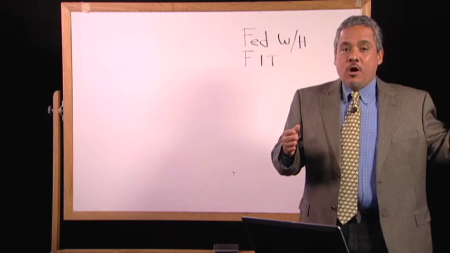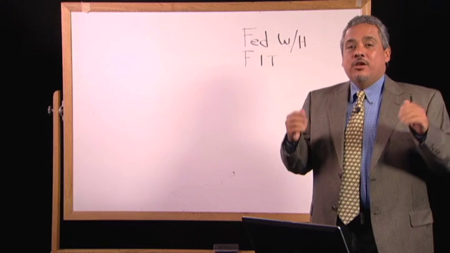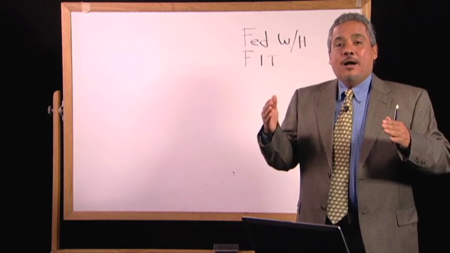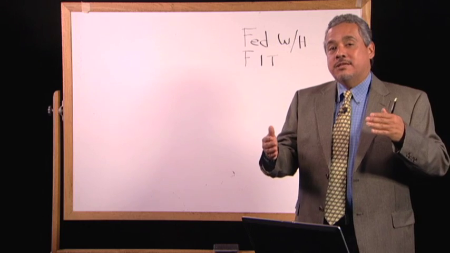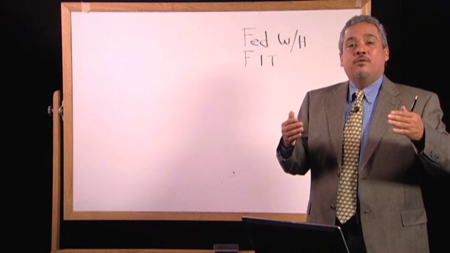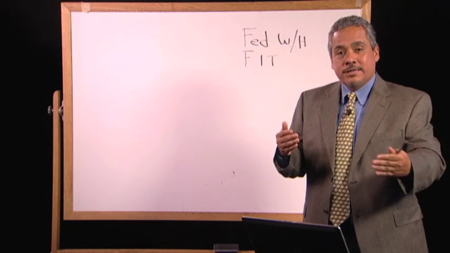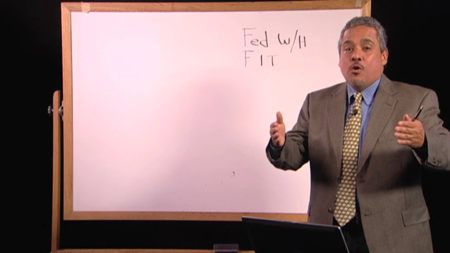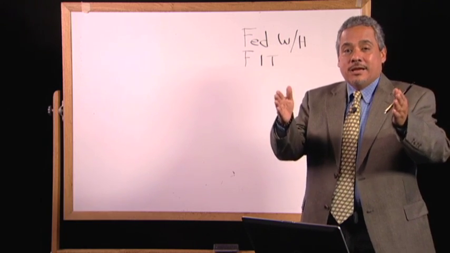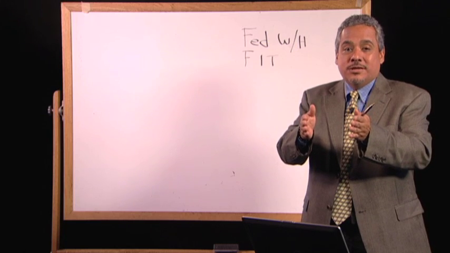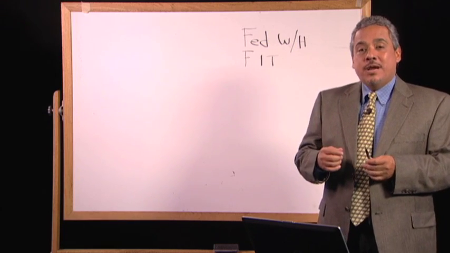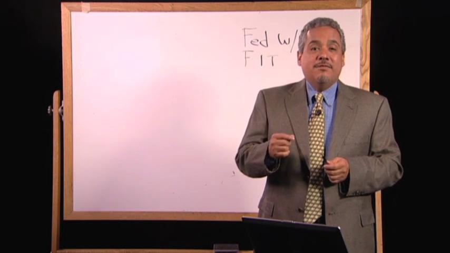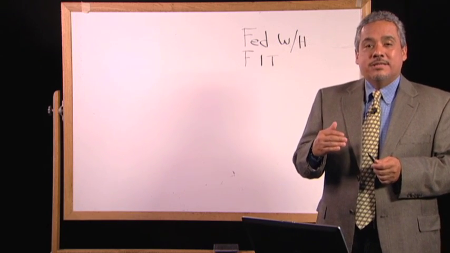If you know how to fill out this W-4, you take into consideration any special filing circumstances such as head of household, and if you are eligible for some of these credits. You can actually come out almost as close to zero as possible. The IRS on their website does have a calculator that takes you through all these steps.